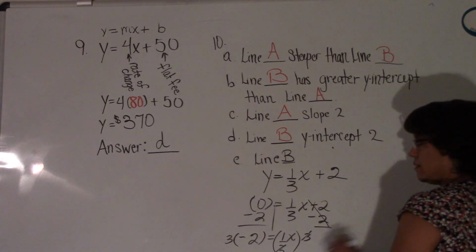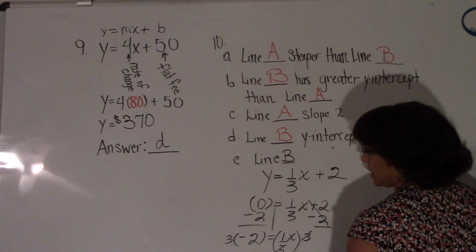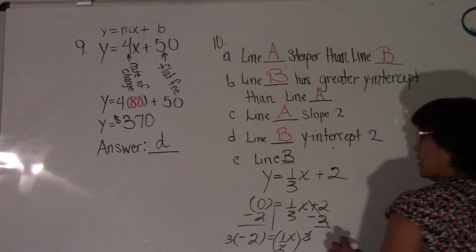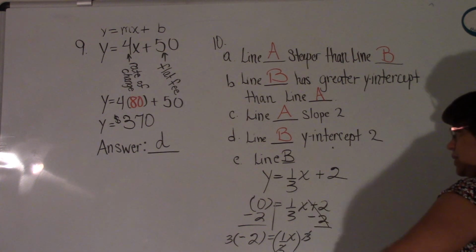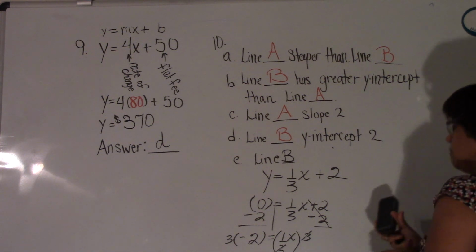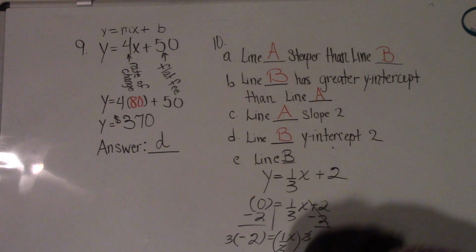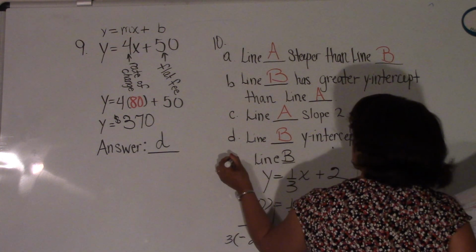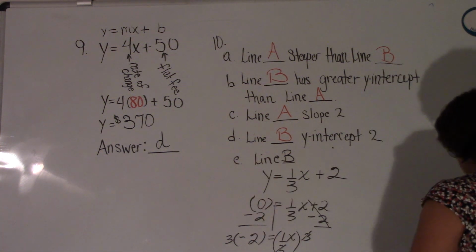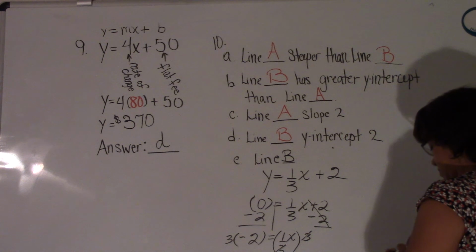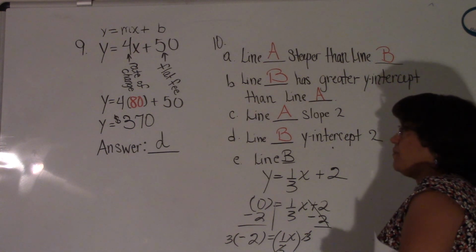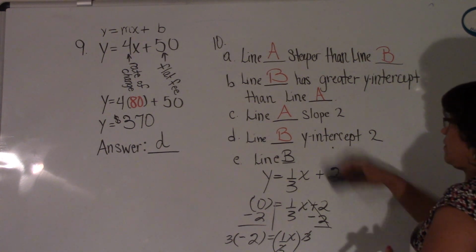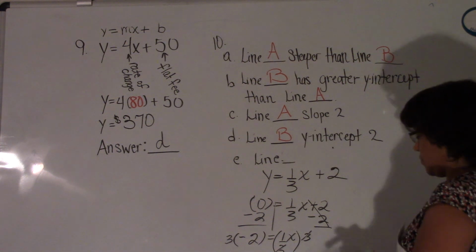It cancels out. We have -6 is equal to x. So the answer for this problem is line B. So letter E is line B. Go ahead and make sure you have it and you understand that, and we'll move on to our next problem.